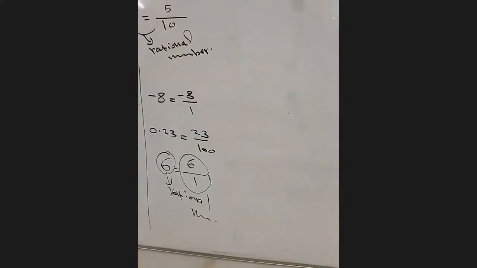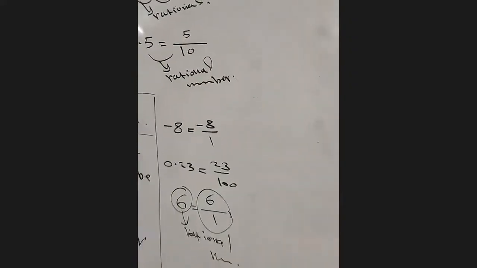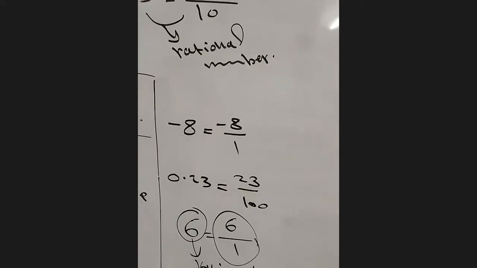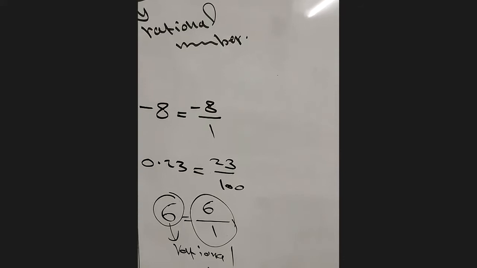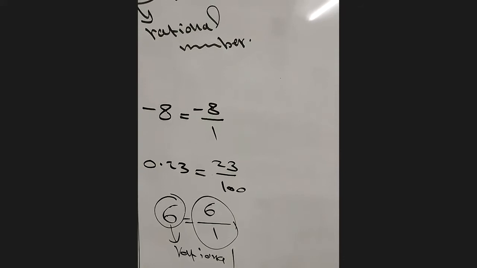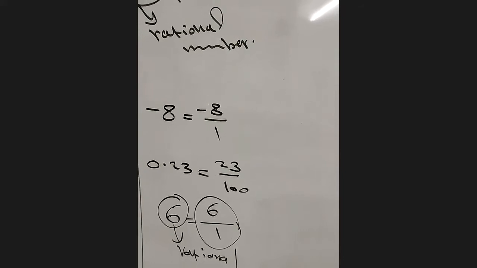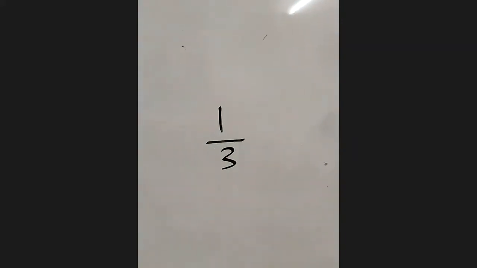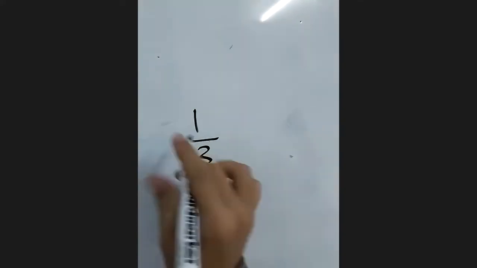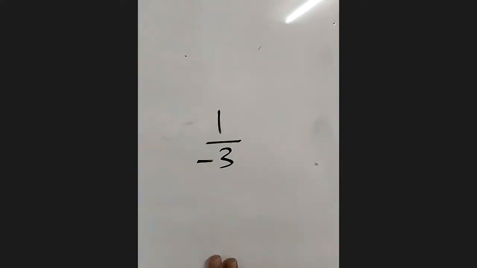Abdurrahman, tell me what Omar is saying. If we have 1 over 3. Negative 1 over negative 3.